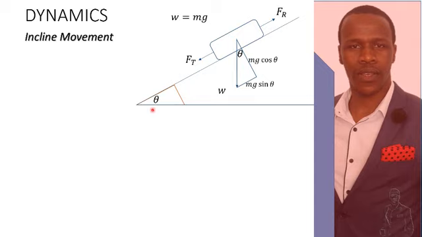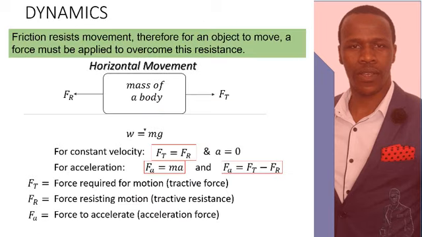Then let's go to this diagram now, because we're focusing on inclined planes. We have this plane, we have a mass on top of it, but now it forms a certain angle. Now we have the weight, and that weight obviously is not perpendicular to this angle as we had it here.